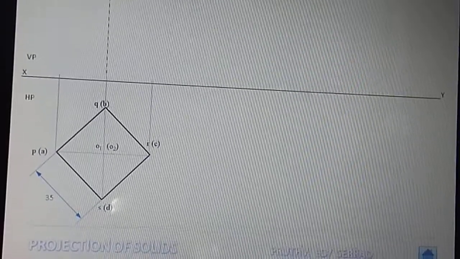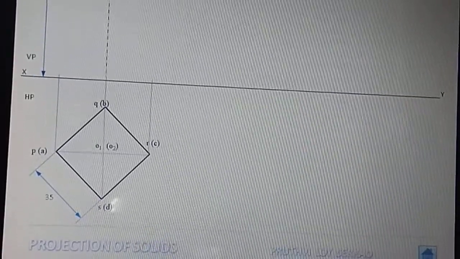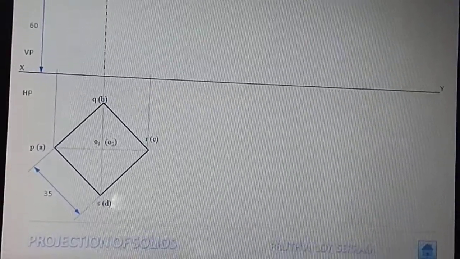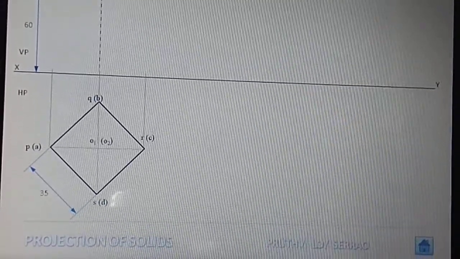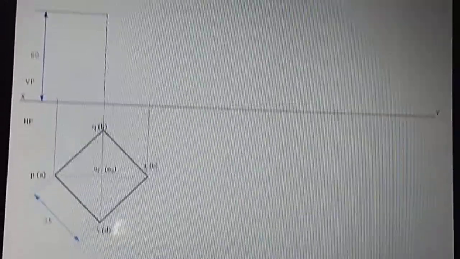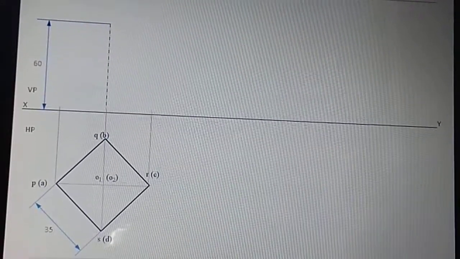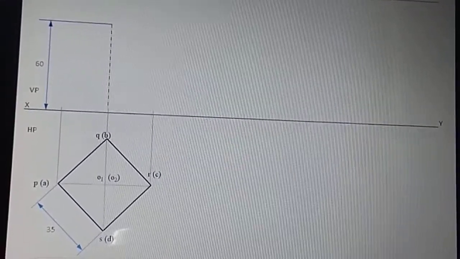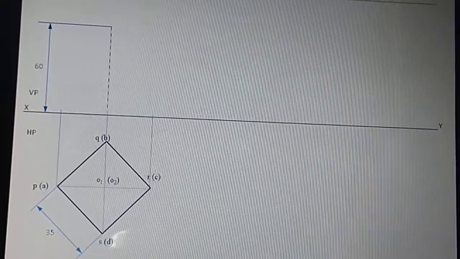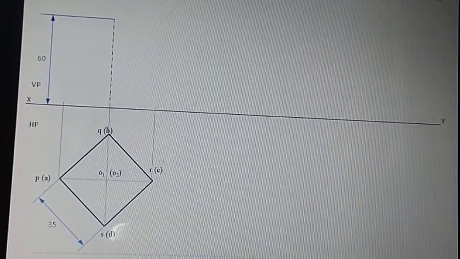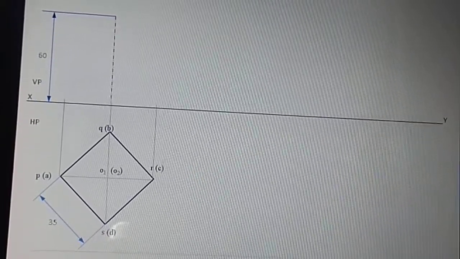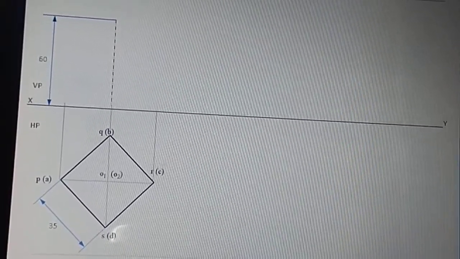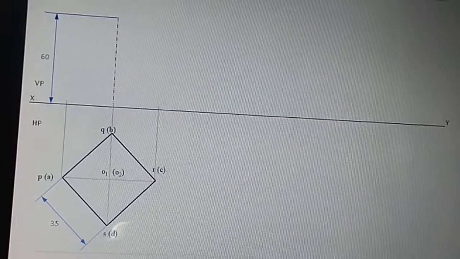You have to mention in the problem the height of the prism is 60 mm. From the center point O1 (O2), draw the height using a chain type line or thin dotted line, that is the axis.